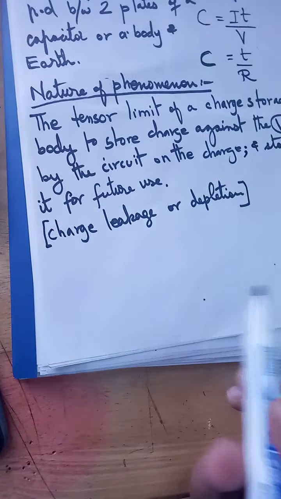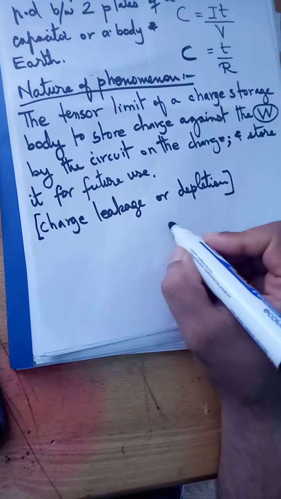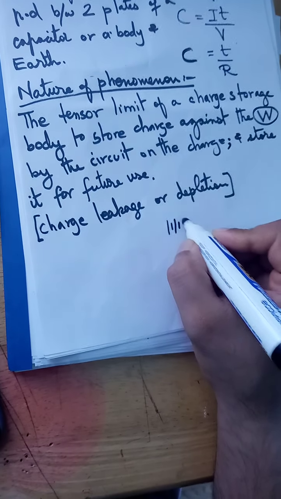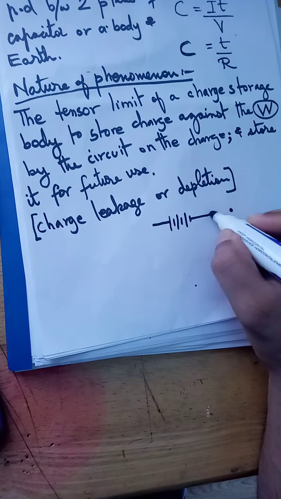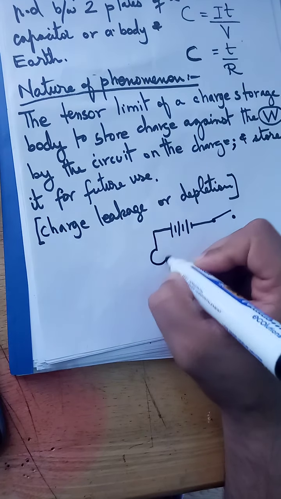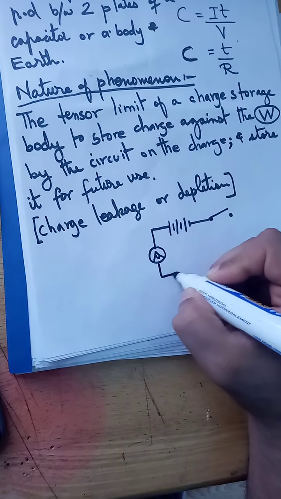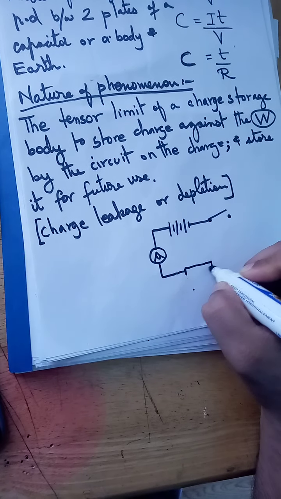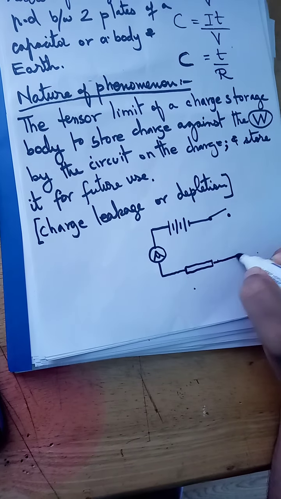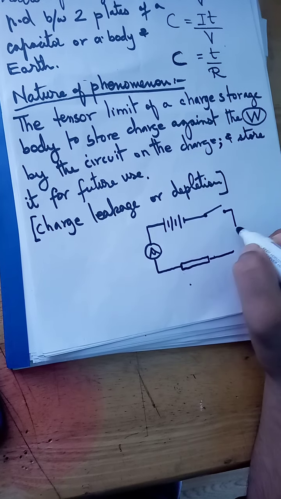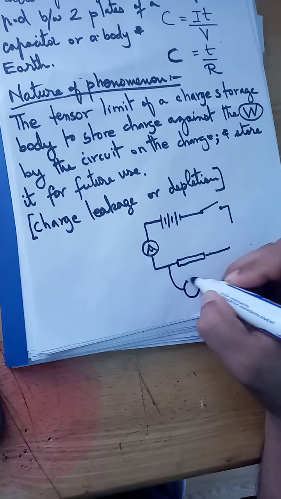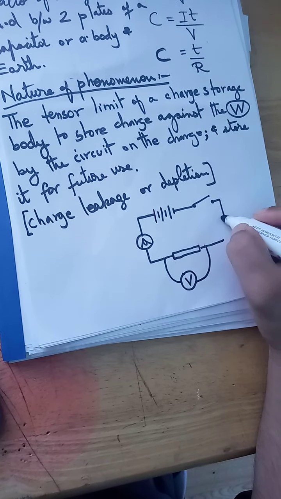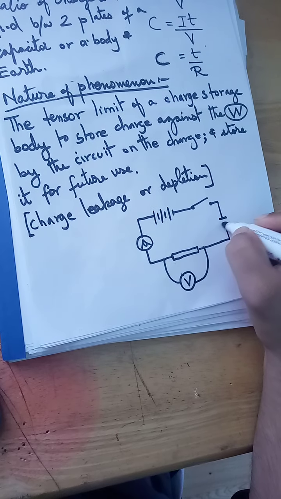Now, my question to you is, for example, if we had a battery and its corresponding switch, a voltmeter, which is always in parallel, and a capacitor.